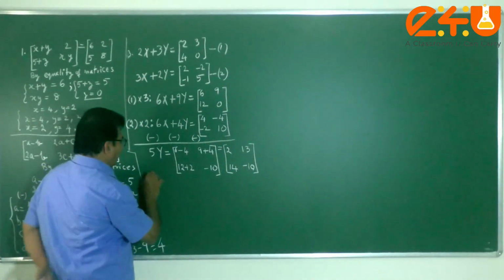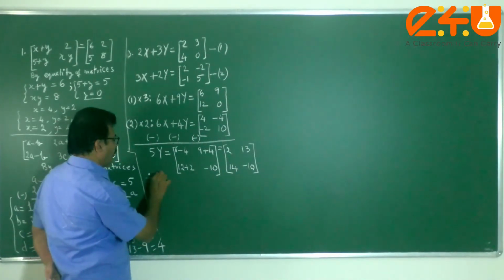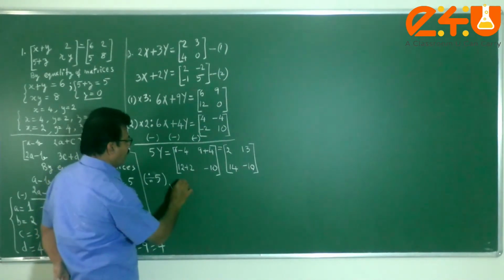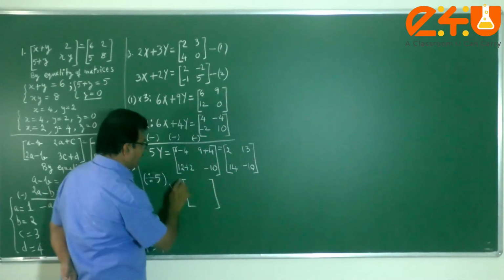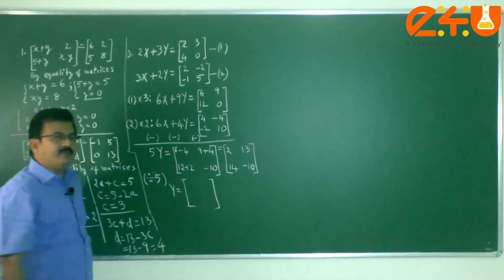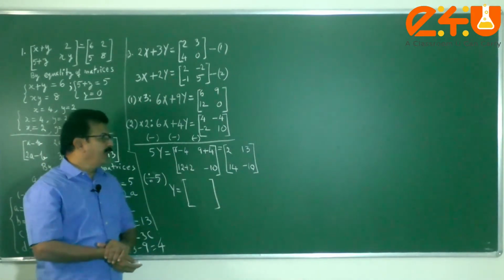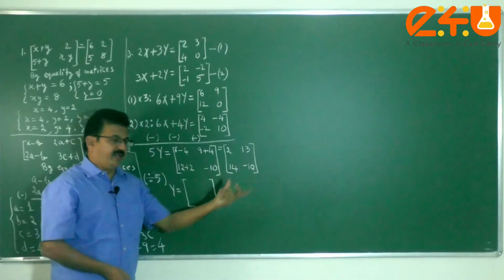So in order to find Y, divide both sides by 5. So I get the Y matrix. If I am dividing the RHS also by the scalar 5, effectively you are multiplying by 1 by 5, and let me do that for every element inside the matrix.